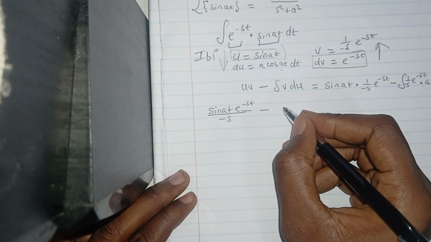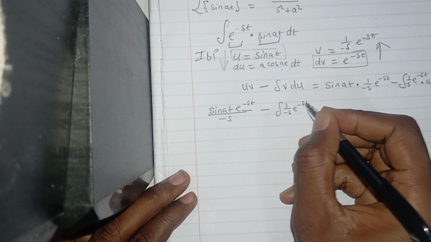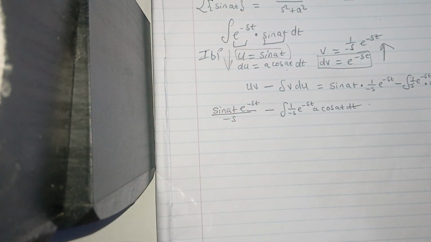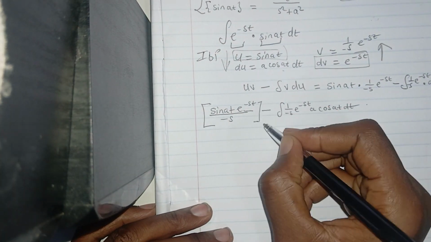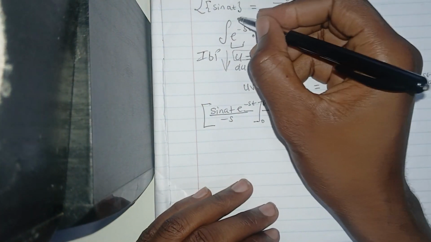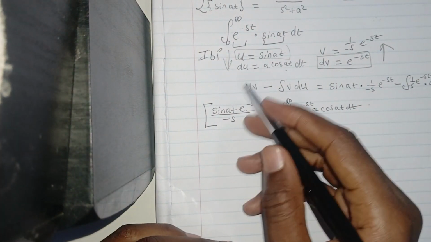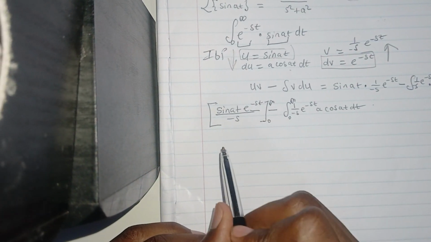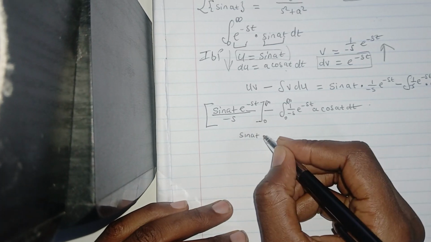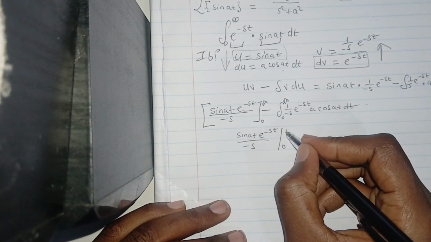Then minus 1 over s, a cos at dt, right? So from 0 to infinity. Now here we have to deal with this using that 0 to infinity, which is now sin at e^(-st) over negative s from 0 to infinity.